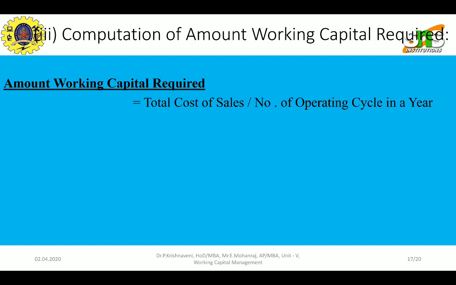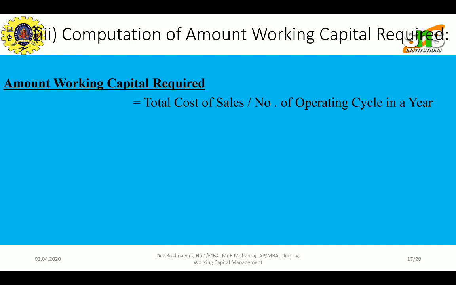Then we go for the third one, computation of amount of working capital required. The amount of working capital required is equal to total cost of sales divided by number of operating cycles in a year.